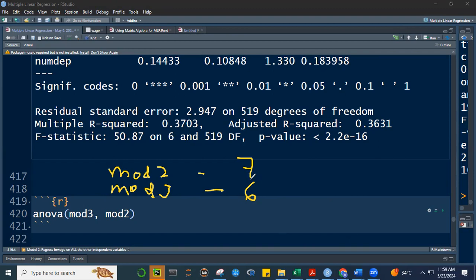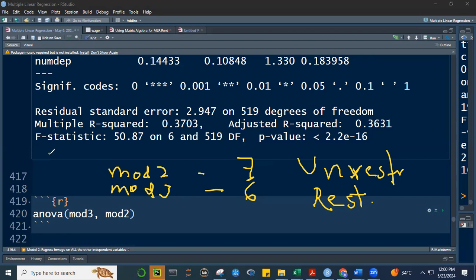Now there's a name for this. Model number 2 is called your unrestricted model. Unrestricted because you are comparing it with model number 3, which is your restricted. Unrestricted versus restricted. Now, what's the difference between model 2 and model 3?